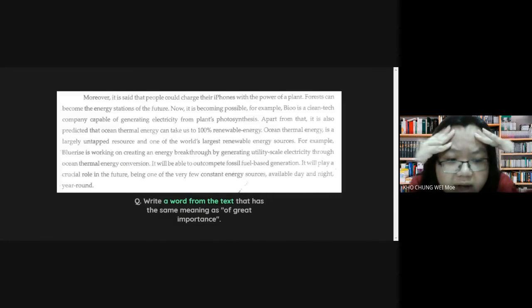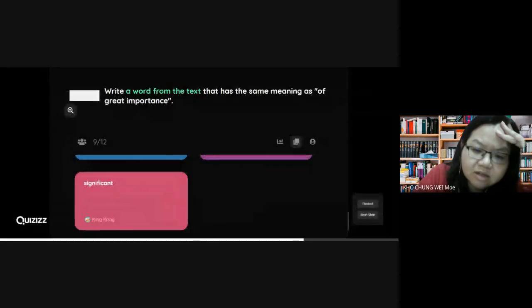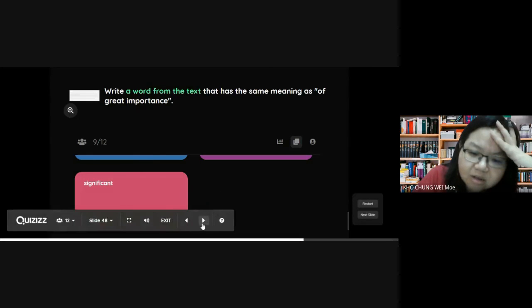Unfortunately, I can't find the word significant in this text. Can you? Of great importance could mean significant, but the word significant is not in the text. King Kong, therefore that cannot be the answer. It must come from the text, not from the dictionary.